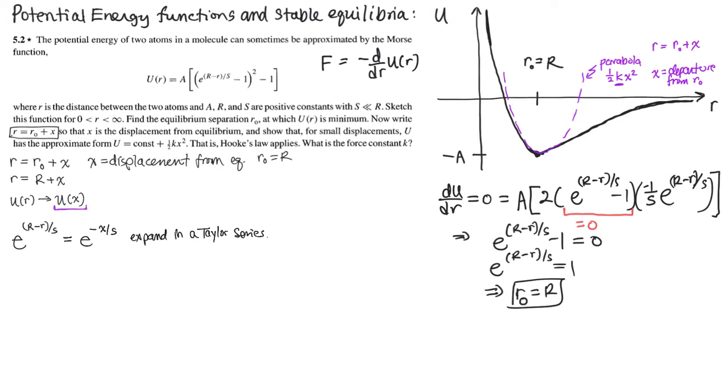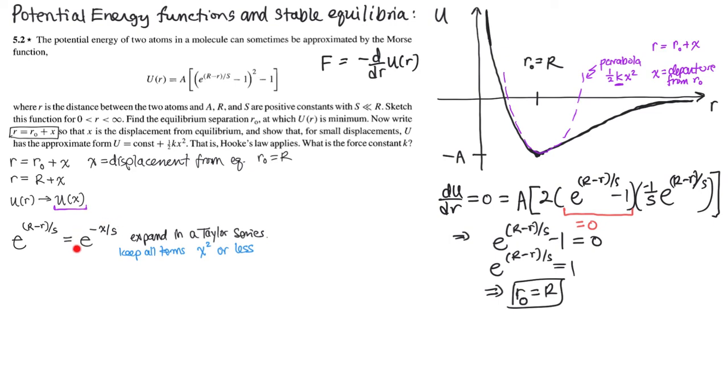Okay, and we want to end up with, we want to keep all terms that are of order x squared or less, like x to the first power, x squared, but we don't need to keep track of x cubed or x to the fourth. Notice that our exponential is embedded in a parentheses that is squared.